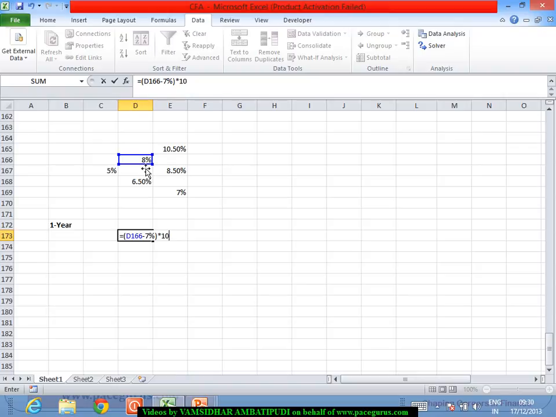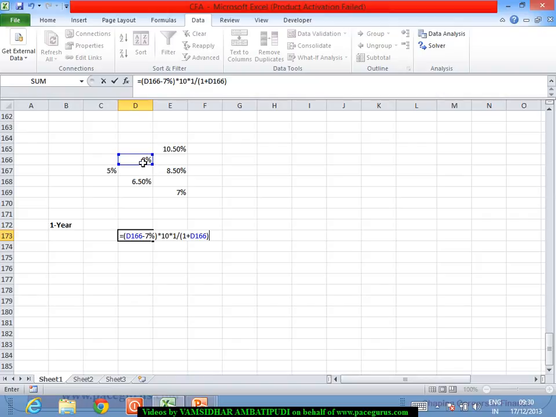Because this is per year, I don't need to adjust it for the number of years. If it were 6 monthly, then I would probably take it as 0.5. That is the total benefit, but that benefit comes at the end of the year, so I have to discount it to get the value at the beginning of the year. I have to discount it by this particular rate.